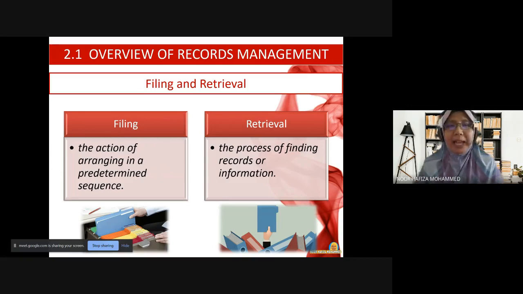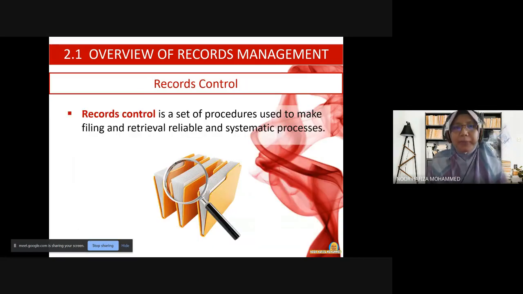So filing is the action of arranging in a predetermined sequence, and retrieval is the process of finding records or information. The next term is records control. Records control is a set of procedures used to make filing and retrieval a reliable and systematic process.